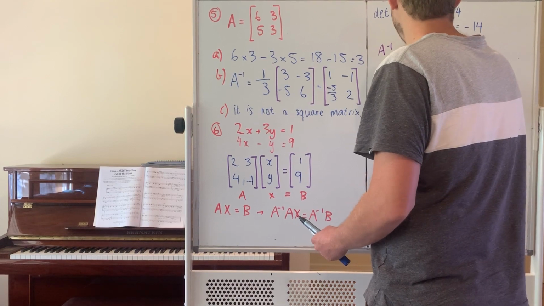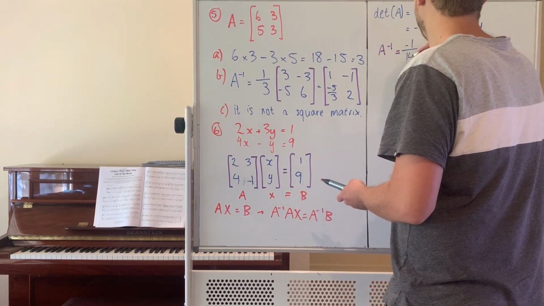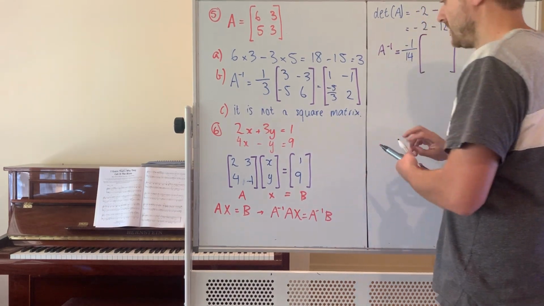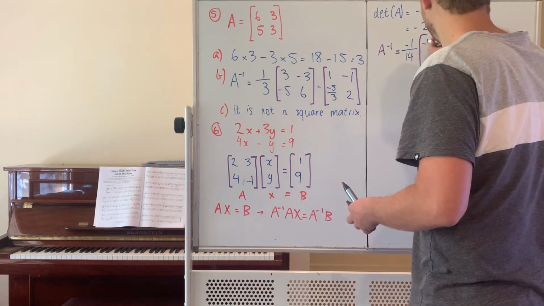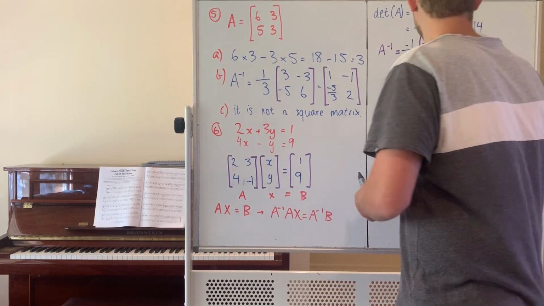So the inverse of A is going to be equal to negative a 14th. Swap your elements A and D. Change the operation in front of the other two.